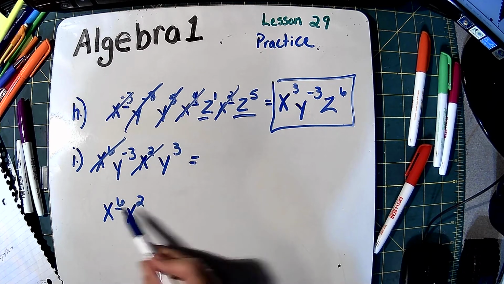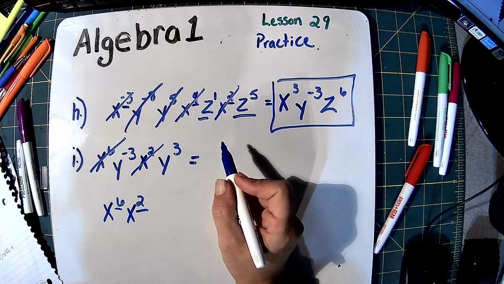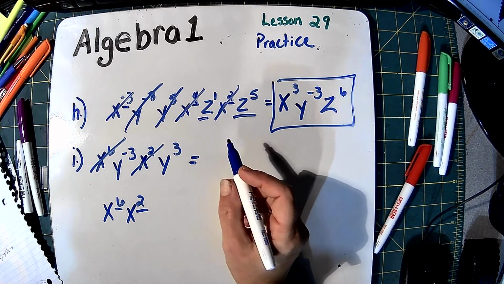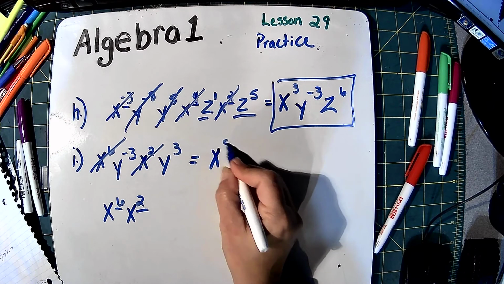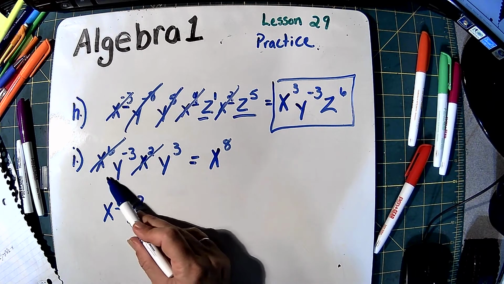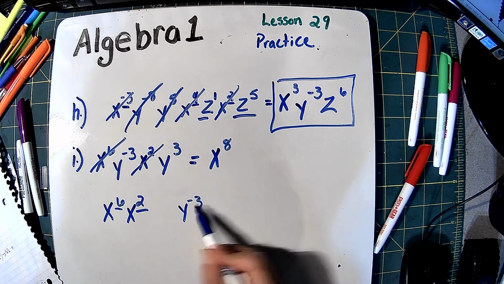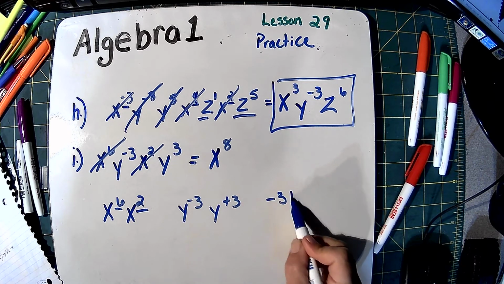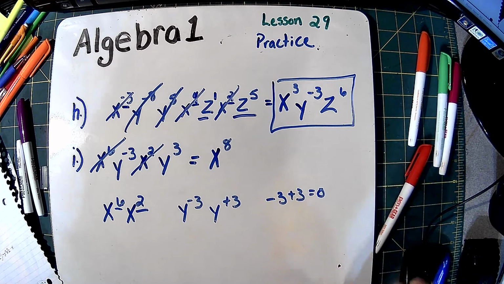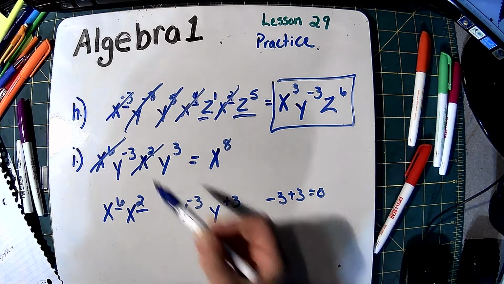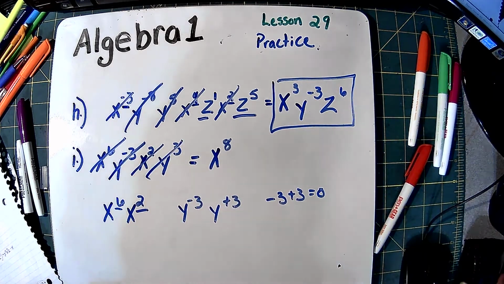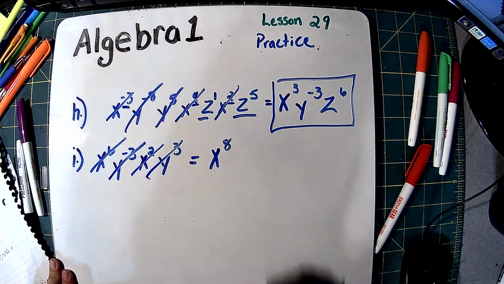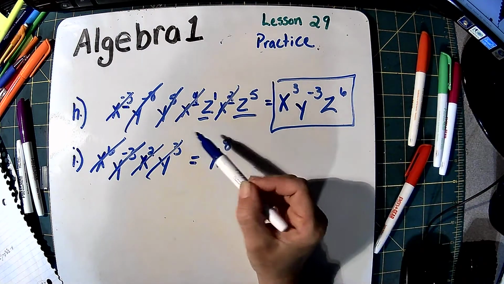So that would really be 6 plus 2, which would be 8. So I've got x to the 8. And then here I have y to the negative 3 and y to the positive 3, which would really mean negative 3 plus 3, which equals 0. Y to the 0 would just be 1. So basically those just canceled each other out, and we're left with x to the 8th. So that's the answer to that one.